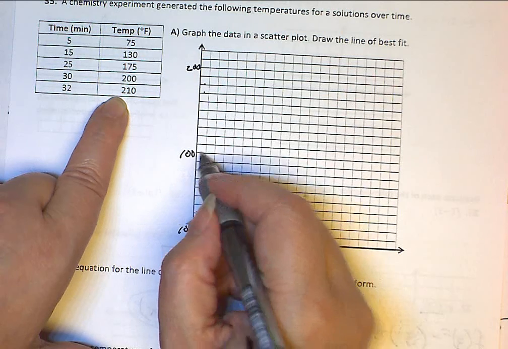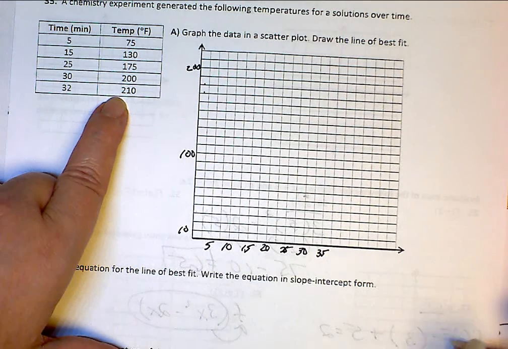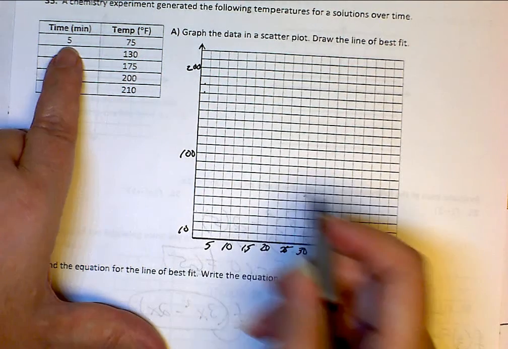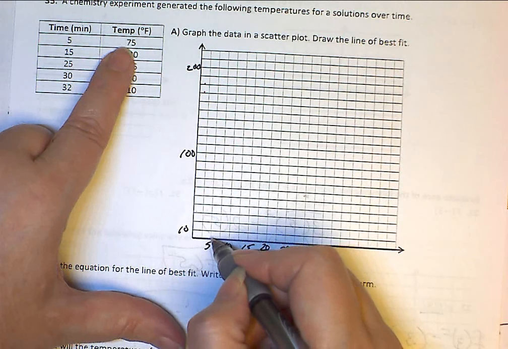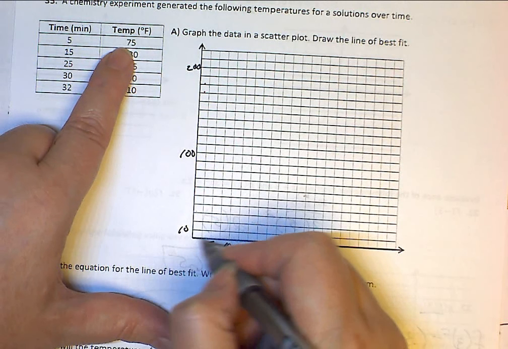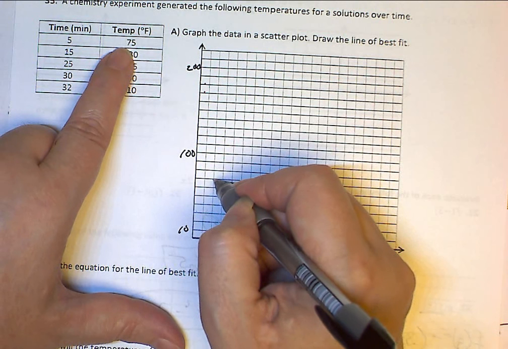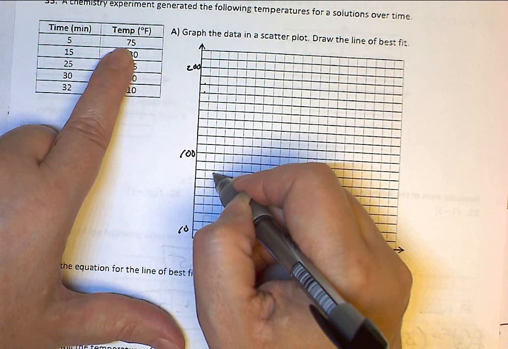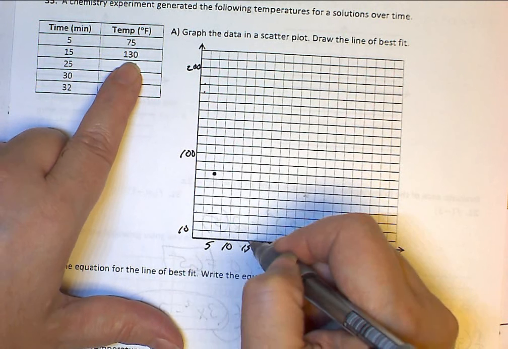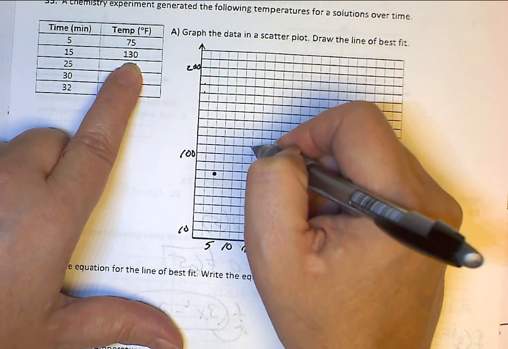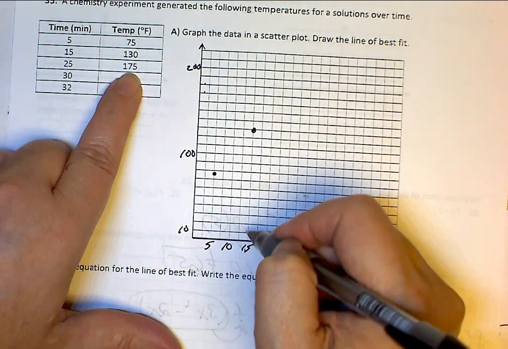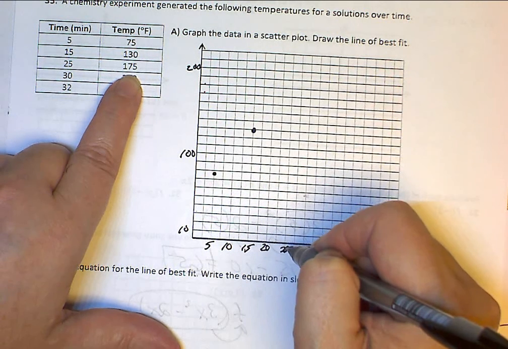Okay, so basically, Lincoln, all you're doing on this then is going 5 and 75. So you're just plotting the points. 15 and 130. 25 and 175.